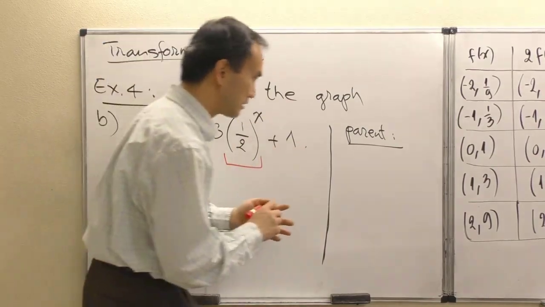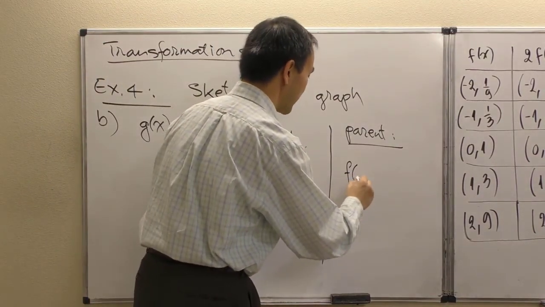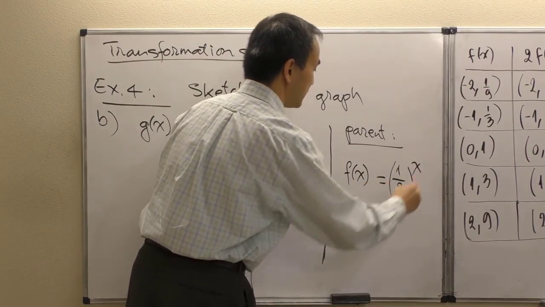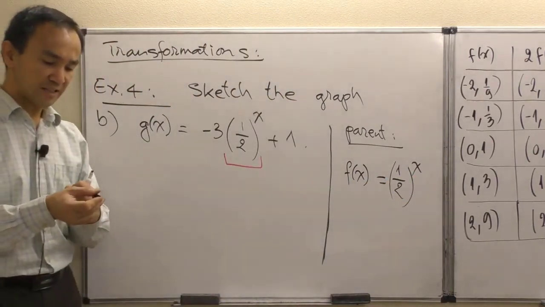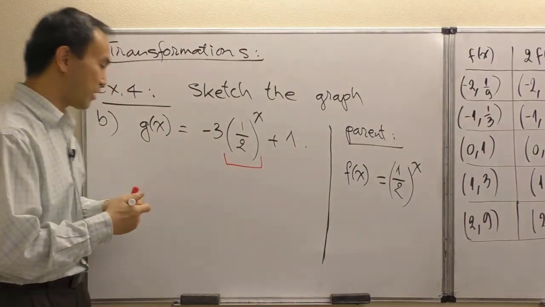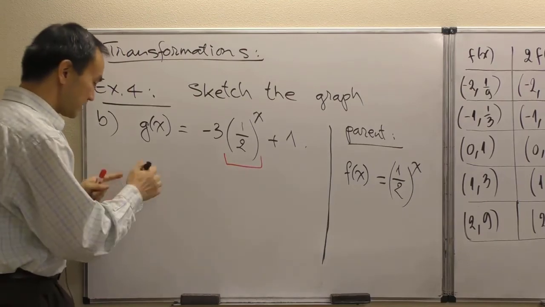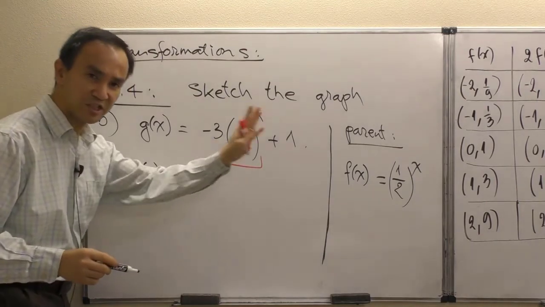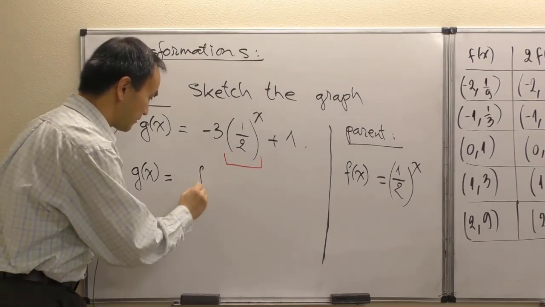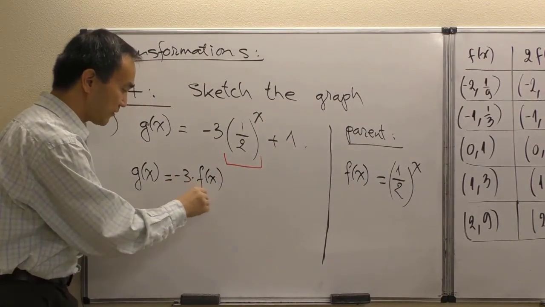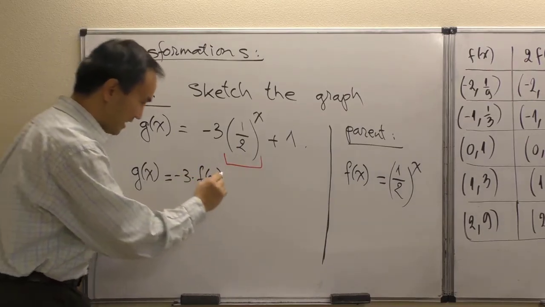So now it's clear that the parent function is recognized as f of x equals 1/2 to the x. And so now, with what I was trying to point out earlier, here's how my function g of x is related to f of x as a descendant. From whatever f of x is as the outcome, we're going to multiply the outcome of f of x with negative 3 first, and then we're going to add 1.